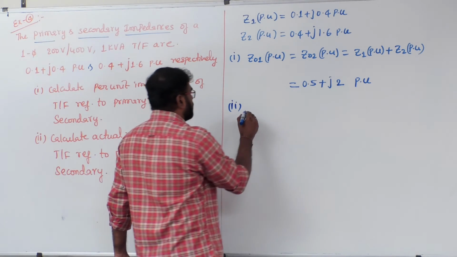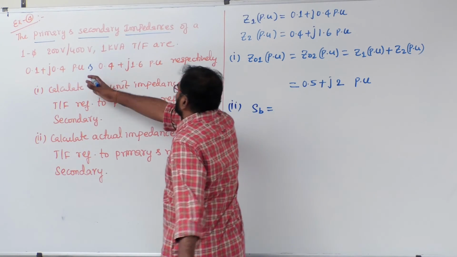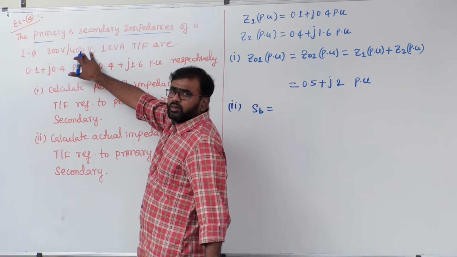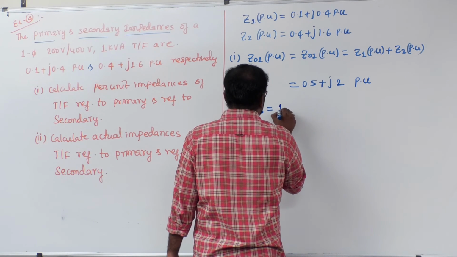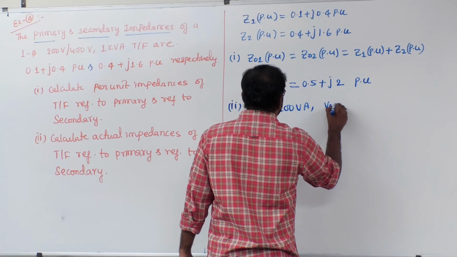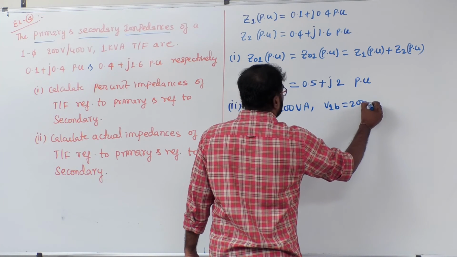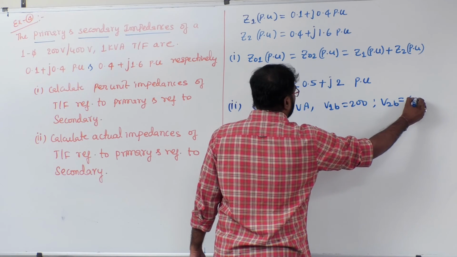Okay. So, for that, you need to define S base. Default base to calculate this per unit system is rating of the transformer. S base is 1000 volt ampere and V1 base is 200 and V2 base is 400.